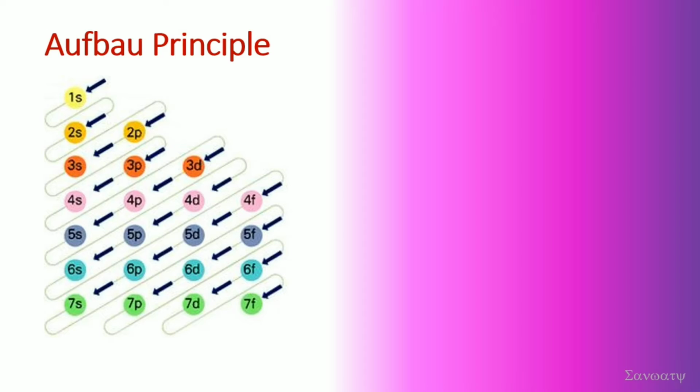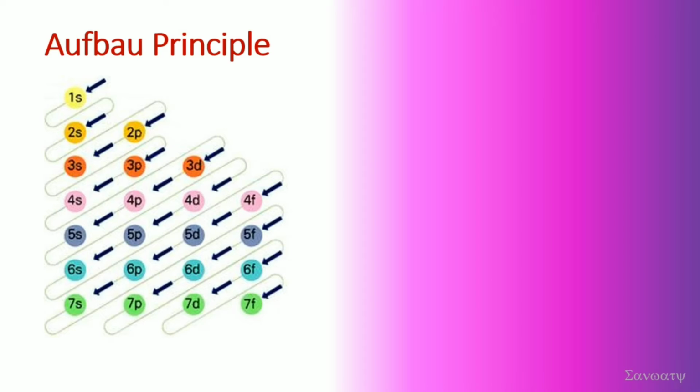But the order of energy level from lowest to highest is 1s, 2s, 2p, 3s, 3p, 4s, 3d, 4p, 5s, 4d, 5p, 6s, and so on, following the arrows on the diagram.